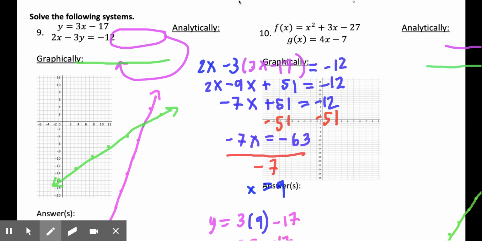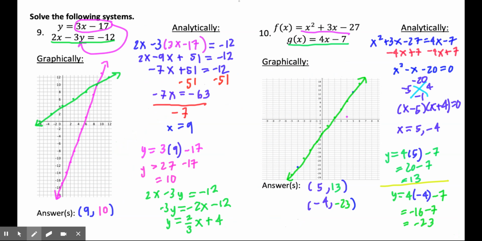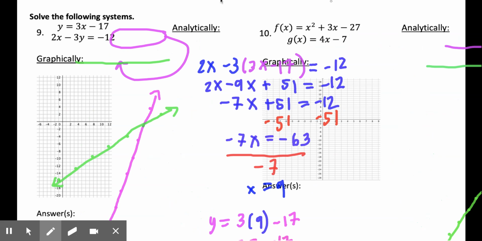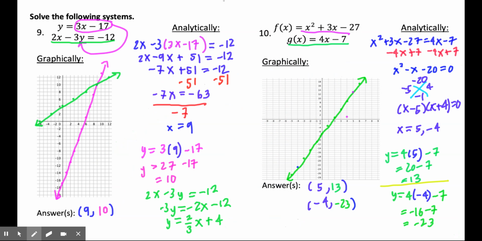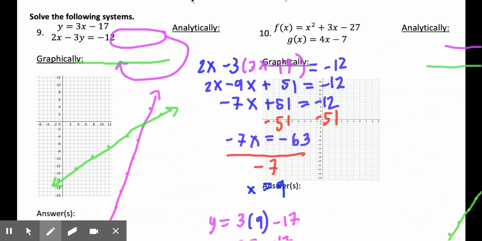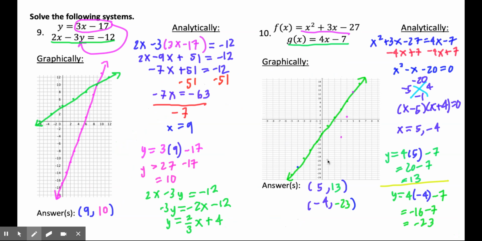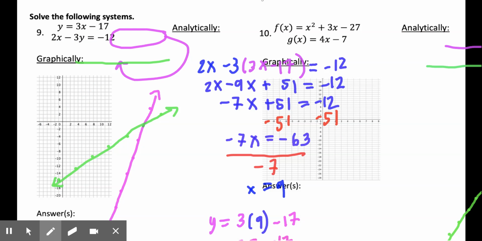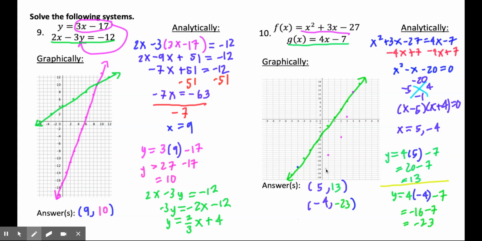(1, -23)... 5, 13 is a point. (2, -17) is a point. (1, -23) is a point.